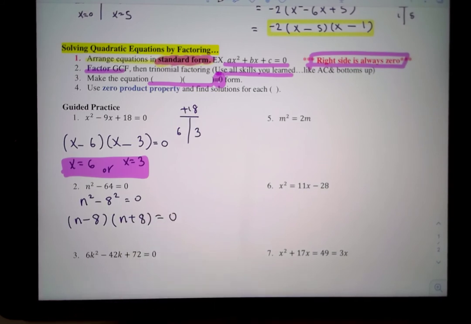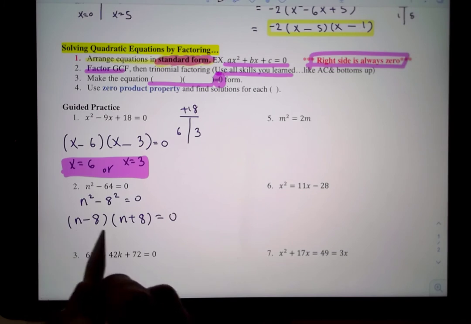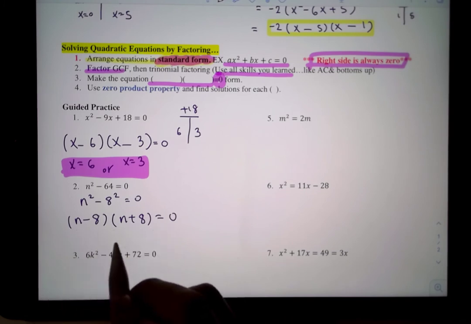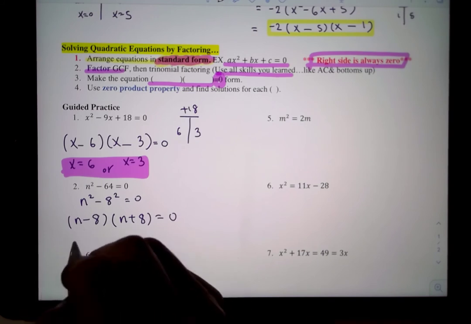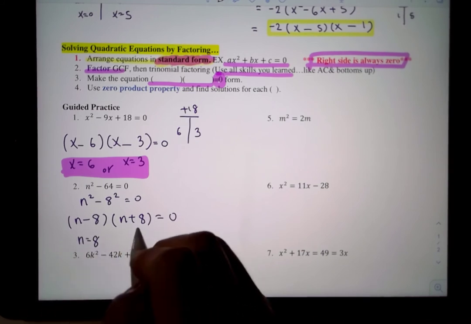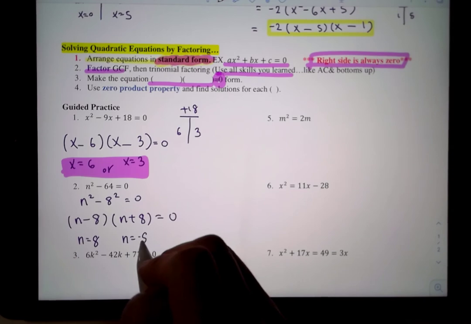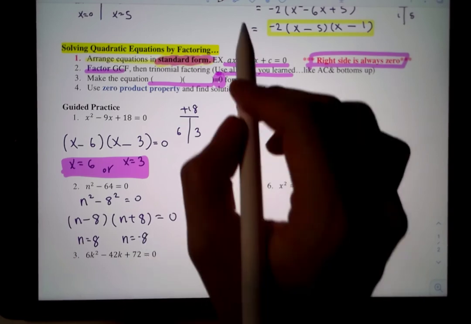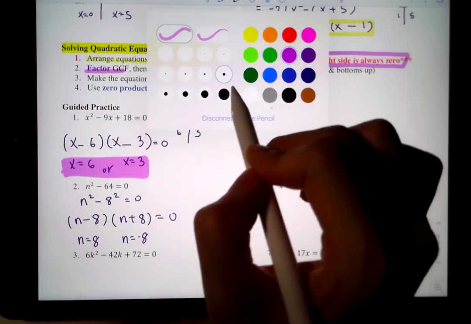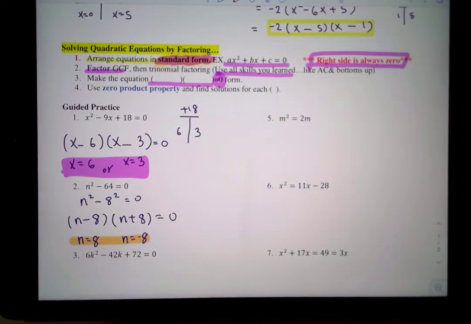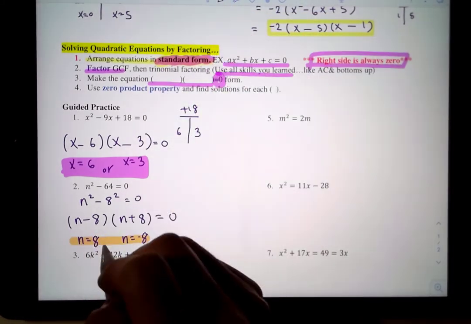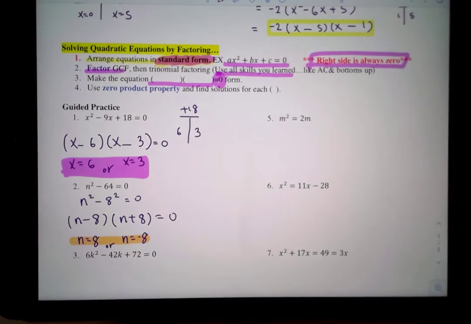So now you've got parentheses equals 0. Then what do we do? We find 0 from each. So from here I get 8. From here I get negative 8. Right? Then you're done. Ta-da! And also you can put n is equal to 8 or n is equal to negative 8.